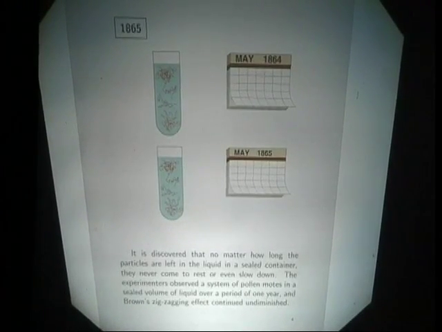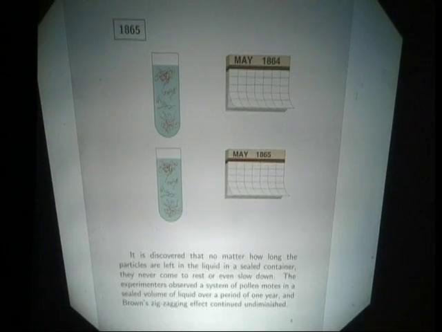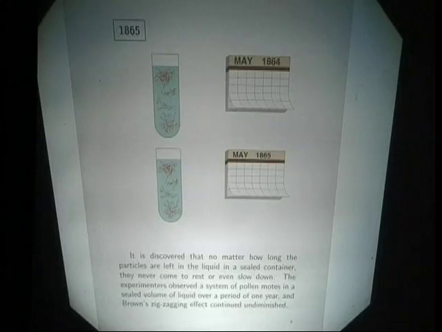If you took some pollen and sealed it up in a sealed glass container of water and left it for a long time, it didn't matter how long you left it, the zigzagging wouldn't stop. It just kept on zigzagging. In fact, an experiment was done where the pollen was observed for a full year, and the motion just continued completely undiminished. So that was sort of mysterious in its own way.